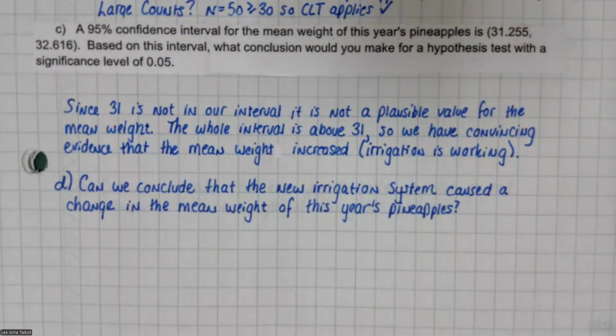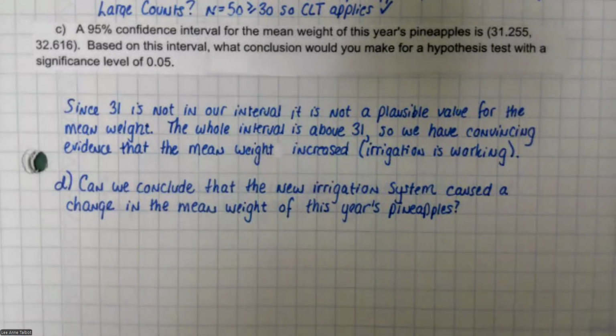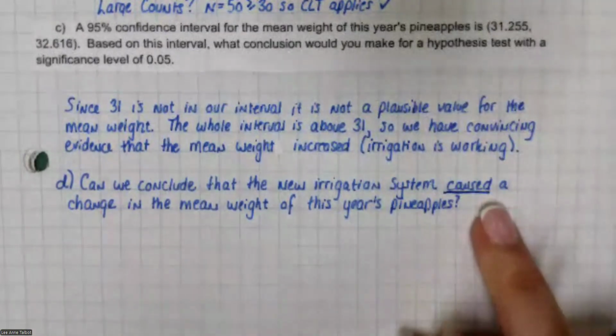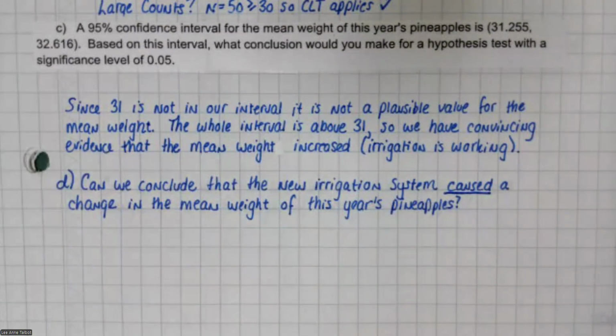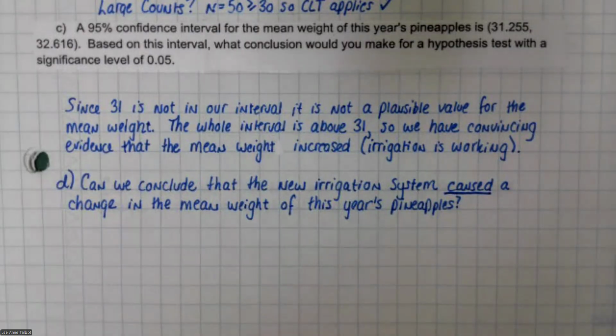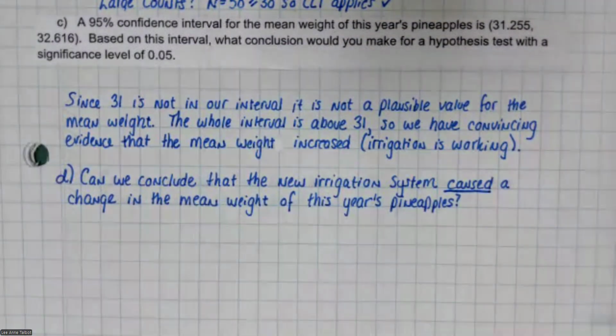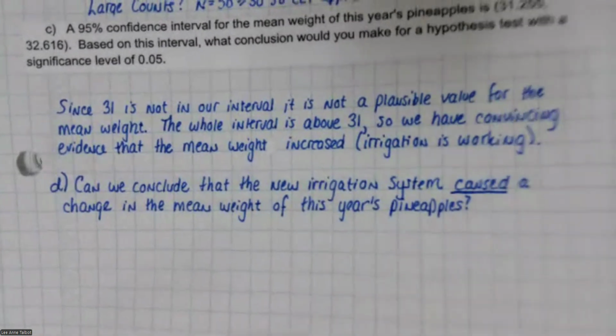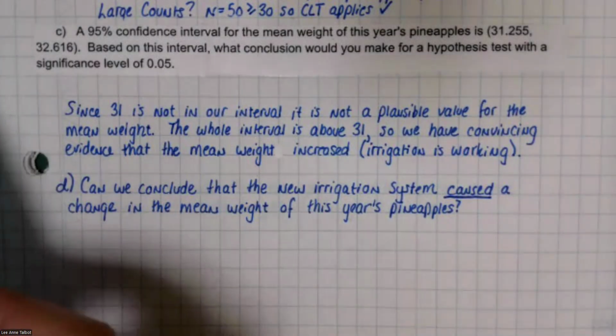Okay, last question. I have a question just like this on the Chapter 11 test. Can we conclude that the new irrigation system caused a change in the mean weight of this year's pineapples? No, why not?